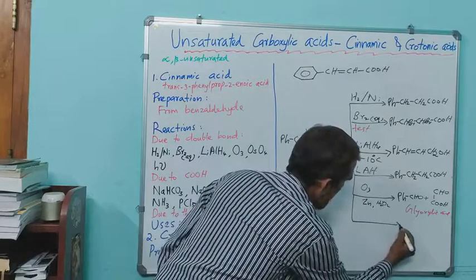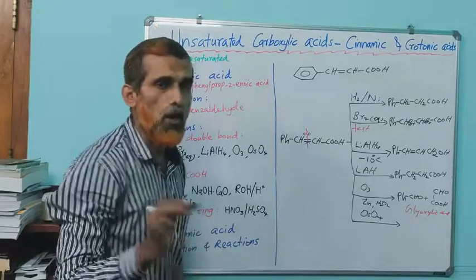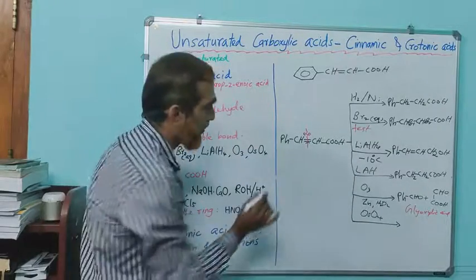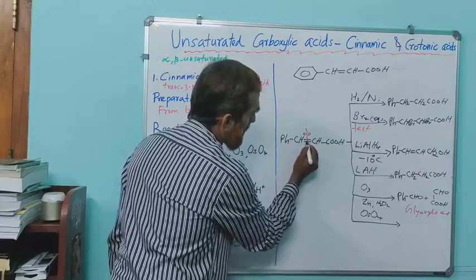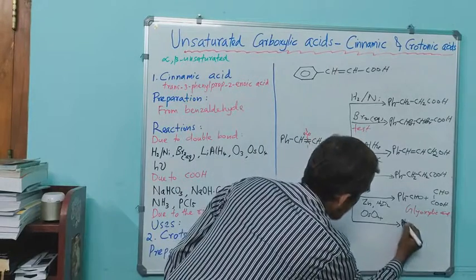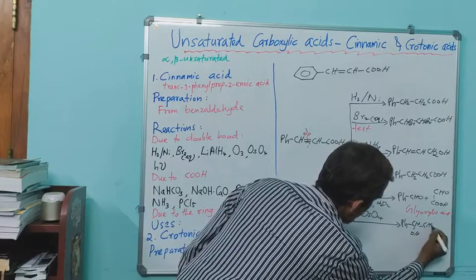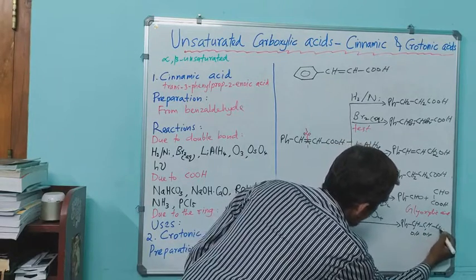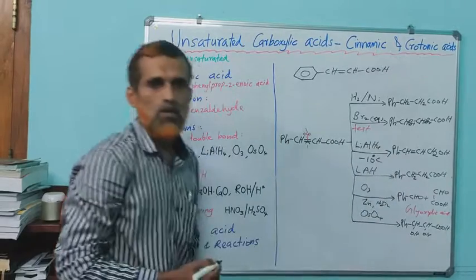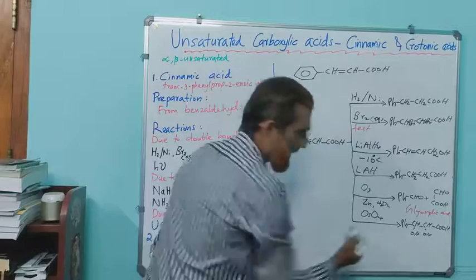The next one is reaction with osmium tetroxide. Again, it's a kind of oxidizing agent, but it will not cleave the molecule. It is simply that the pi bond is broken and 2 OH will be added here. So you get CHOH-CHOH-COOH, a vicinal diol. That's again oxidation.